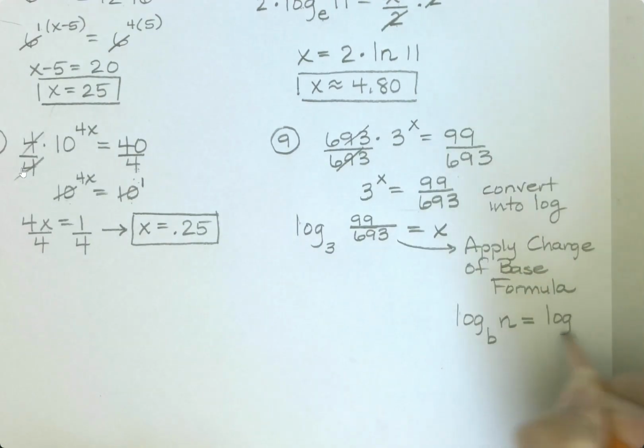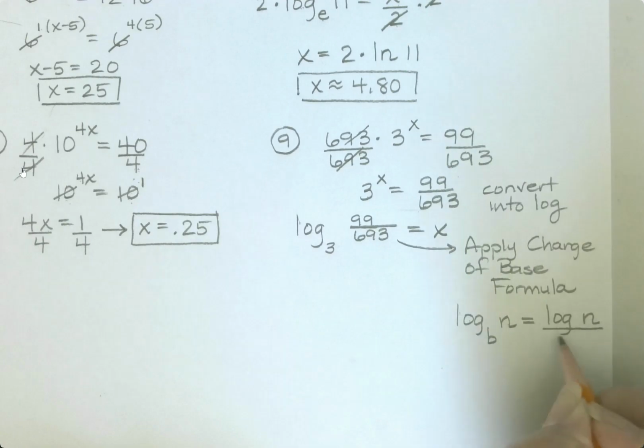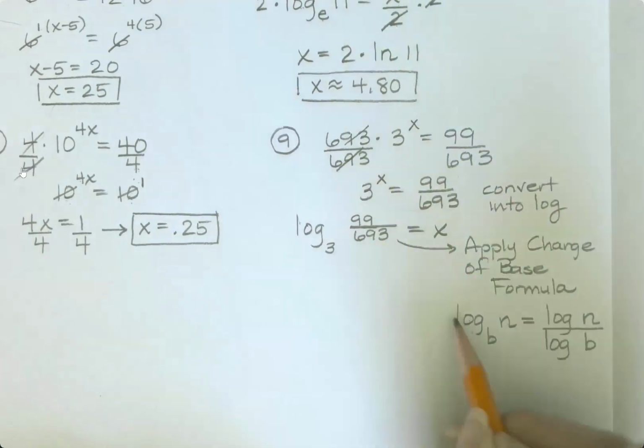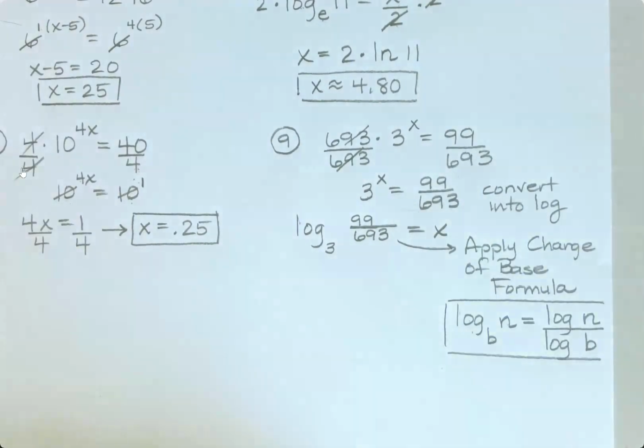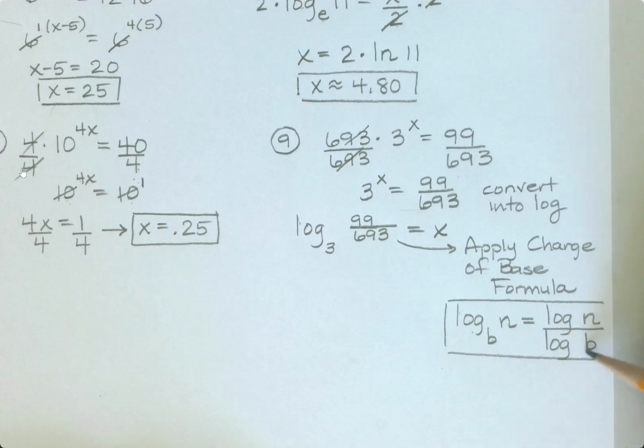A log of base 10 of n, so log base 10 of n, and you can divide it by log base 10 of this number, b. This and this are the same values, okay? They are the same value. So I change the equation with base b to be written as a quotient where the base is now an invisible 10, okay?